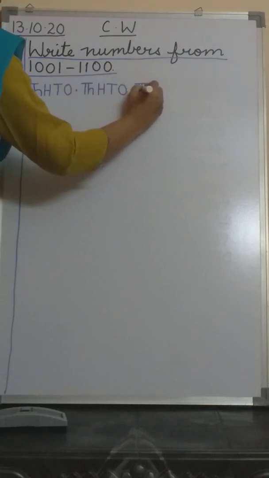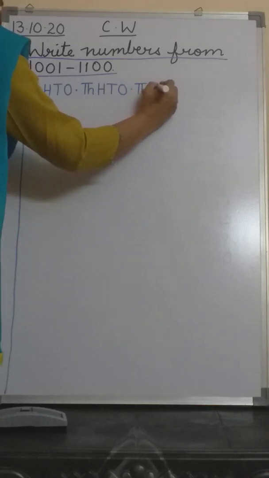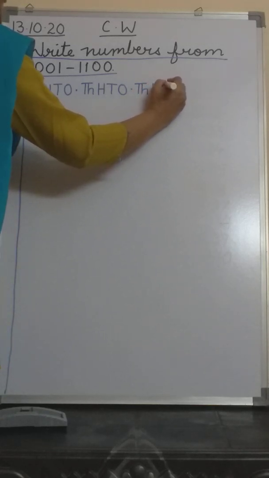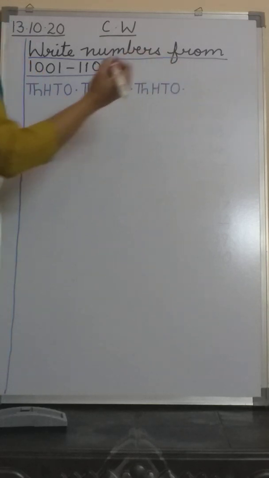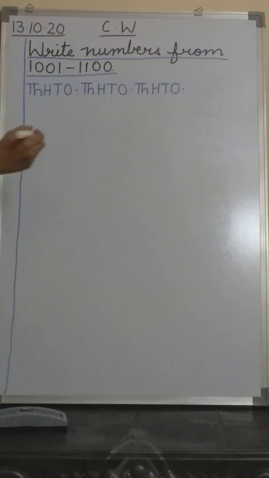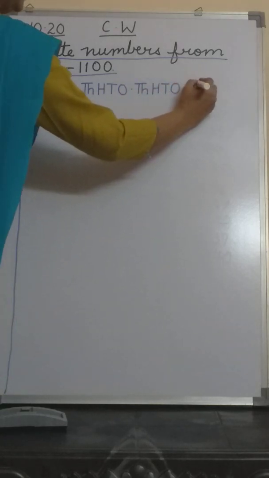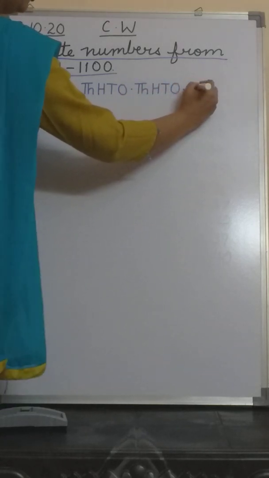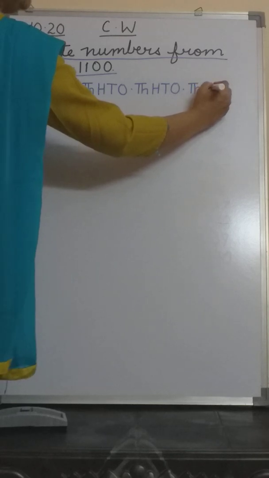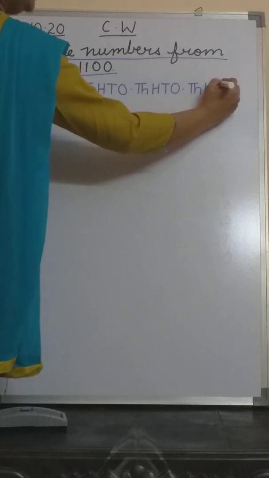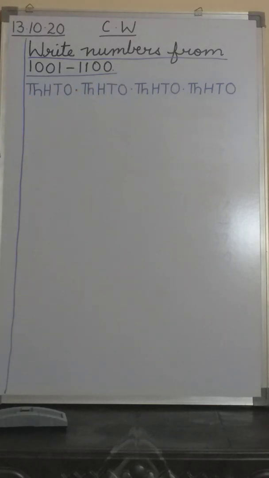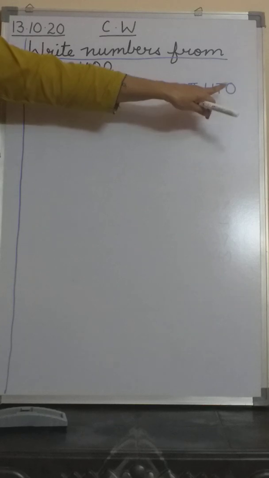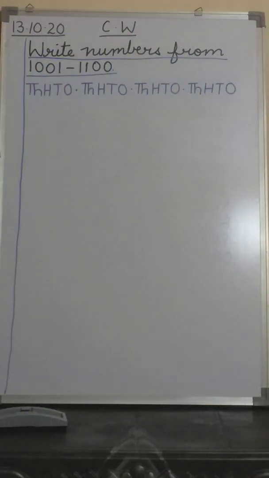TH in one box, H in one box, T in one box and O in one box. Again I will put a dot for you to leave a box. Again TH in one box, H in one box, T in one box and O in the other box. Now ma'am doesn't have space over there, so she's only written till here, but you will continue writing.